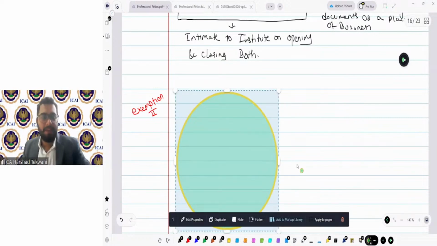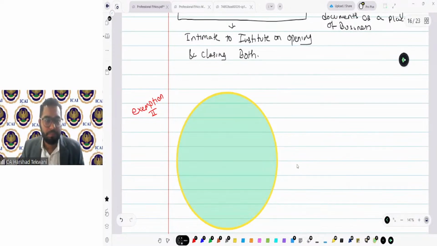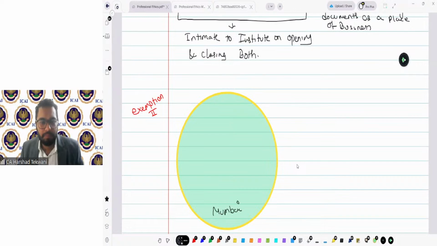For example, let's say this is Mumbai city. Let's say, for example, somewhere here in X area, I have a head office. I have a head office somewhere in the X area.